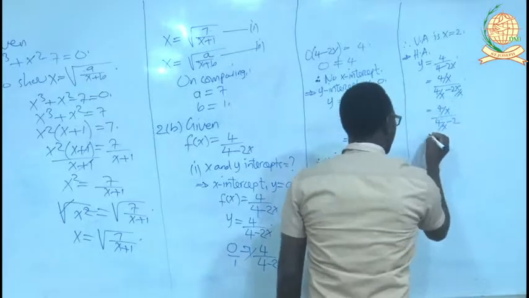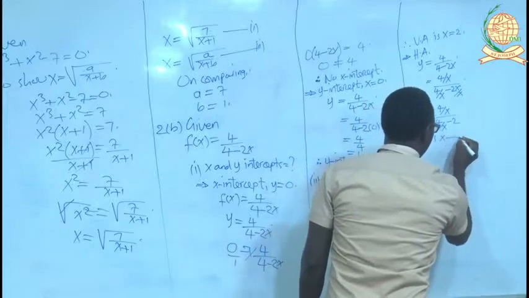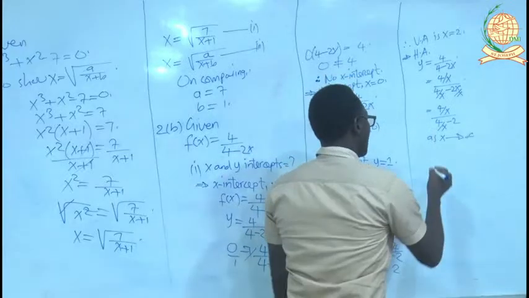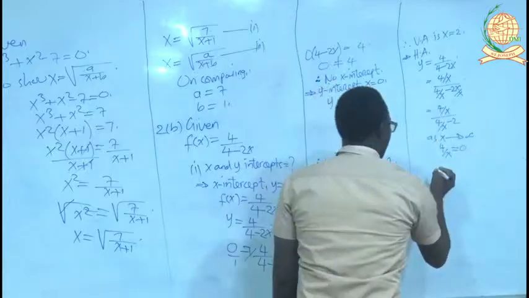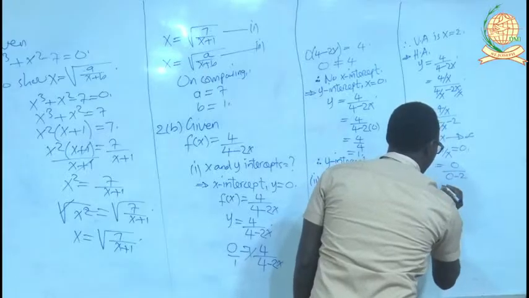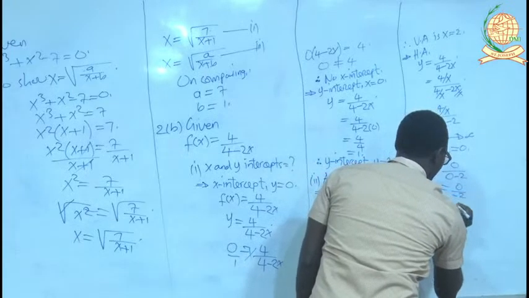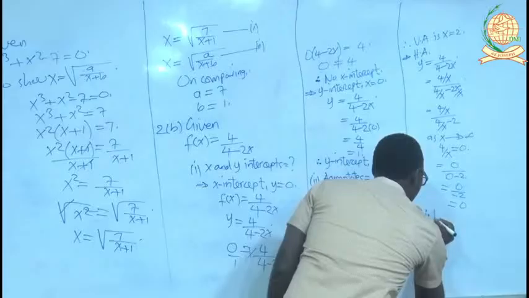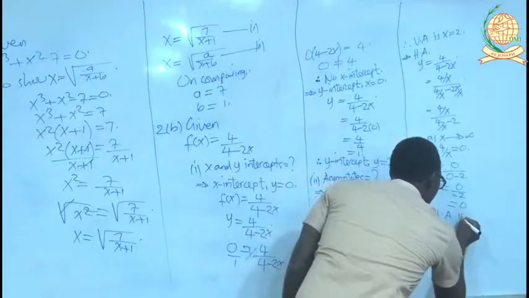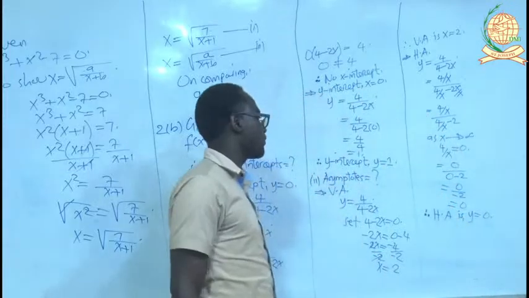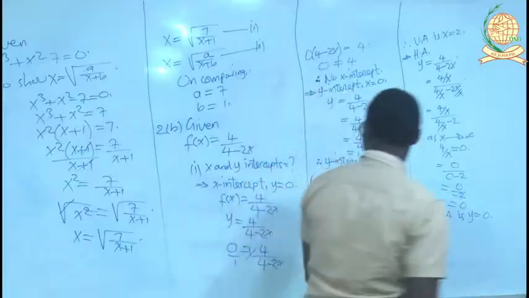As x goes to infinity, as x is a very, very huge number, this 4 over x becomes 0. Then you are going to have 0 over 0 minus 2, which is 0 over negative 2. This is 0. So the horizontal asymptote is y equals 0.